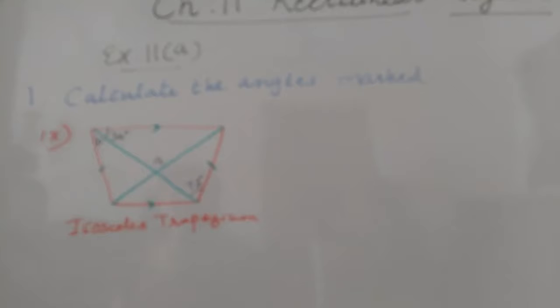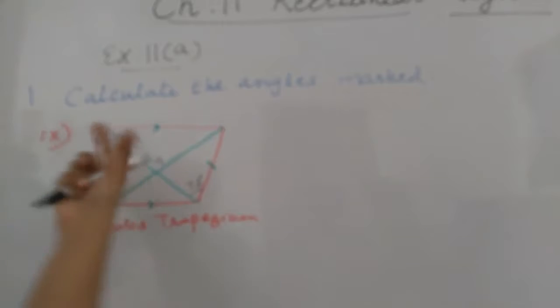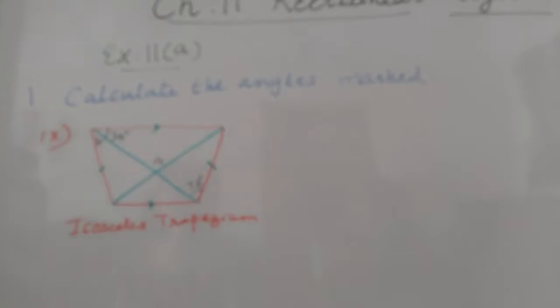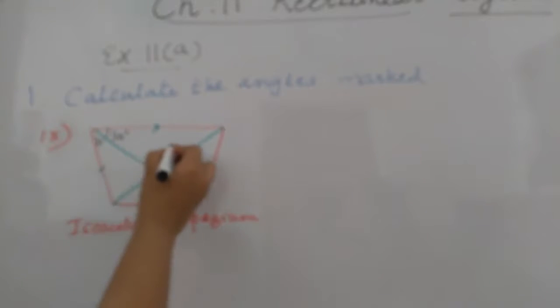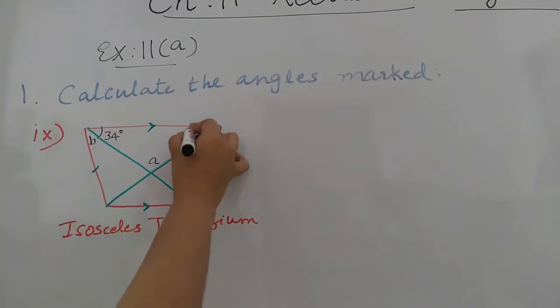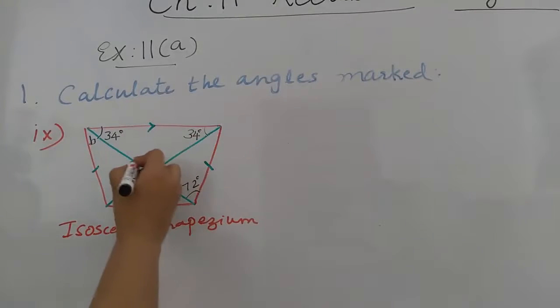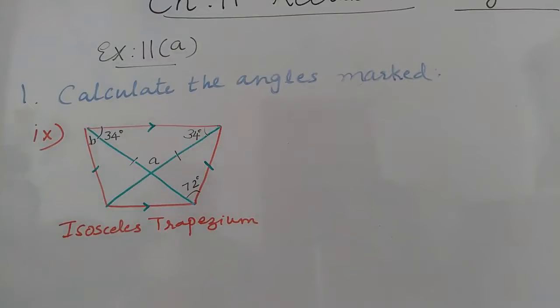Now, first of all, in this isosceles trapezium, diagonals are equal in measure. It means this part equal to this part here. So you can say this is 34 angle. So this is also 34. Why? Because this equals this here. That is why.